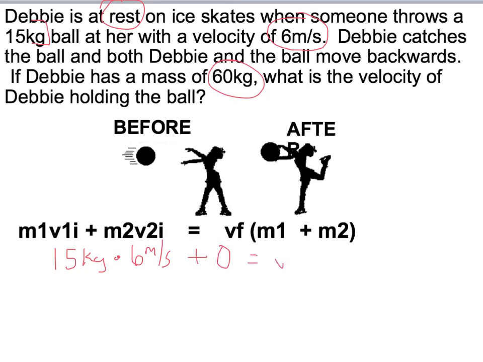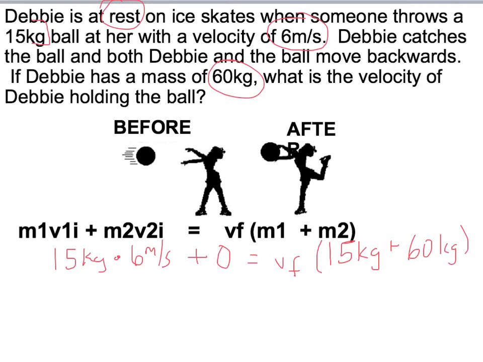We want to find out the final velocity, and we have to multiply the final velocity by the sum of the two masses. The ball has a mass of 15 kilograms, and Debbie has a mass of 60 kilograms. Now we're ready to rock and roll, and it seems like a lot of numbers, but as long as you work through it and start simplifying, I think you're going to find that it's okay.